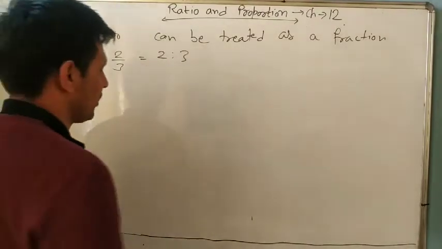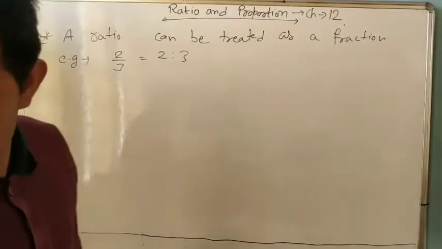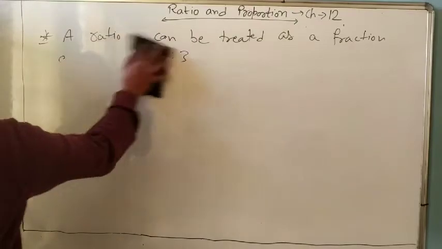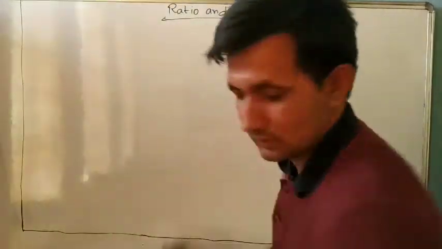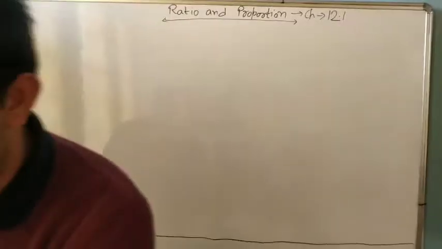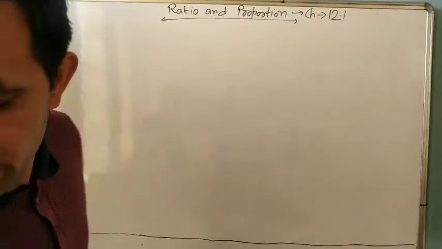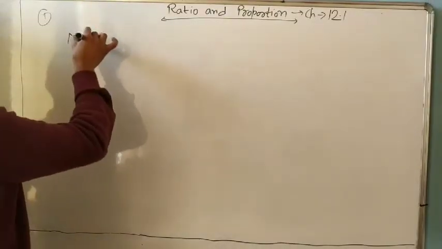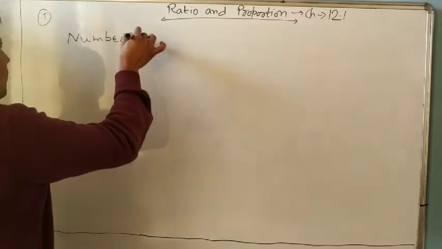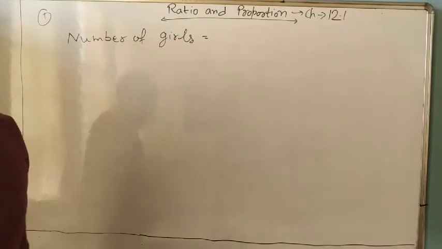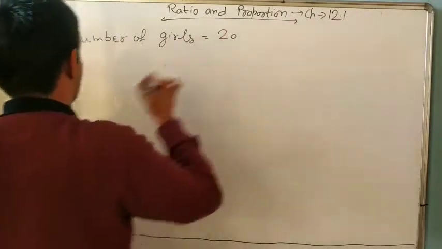Always remember one more. Now we will start our exercise 12.1. Look at first question. Chapter exercise 12.1. What is given? There are 20 girls and 15 boys in a class. Right. First question. Number of girls, how many? 20.